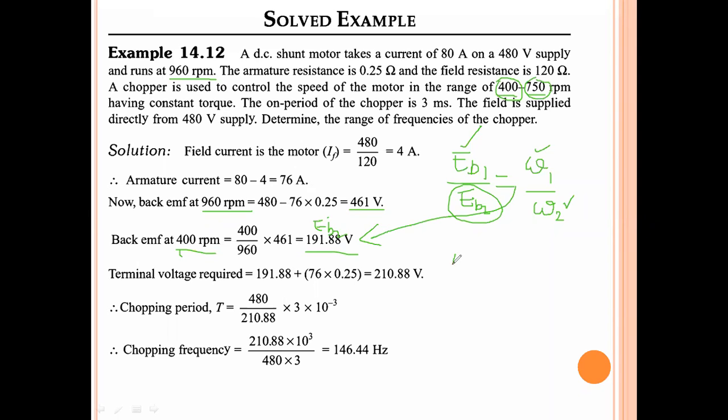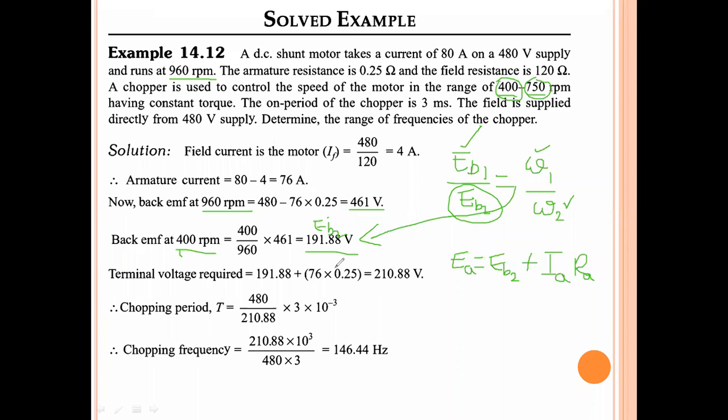That is the average voltage of the motor, EA, which is equal to EB2 plus IARA. Why EB2? EB2 is the back EMF at 400 RPM, and now we are calculating the motor terminal voltage at 400 RPM. We have already calculated IA and RA, which are constant for this DC operation, because here the torque is constant, so the current will be constant.